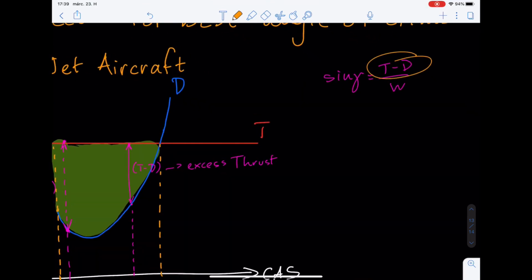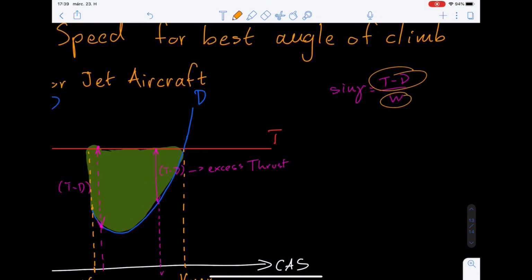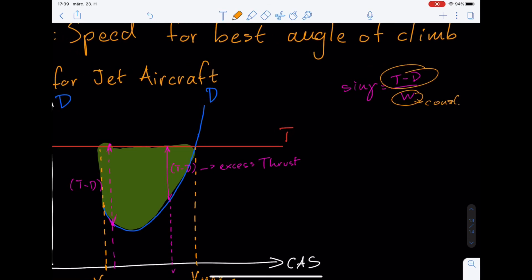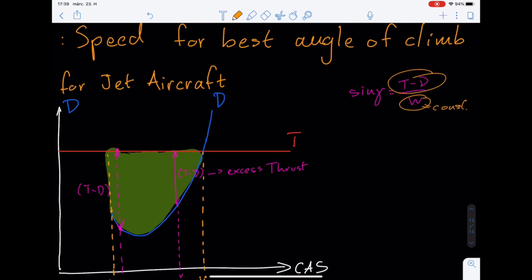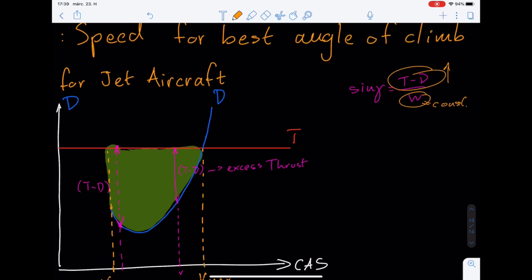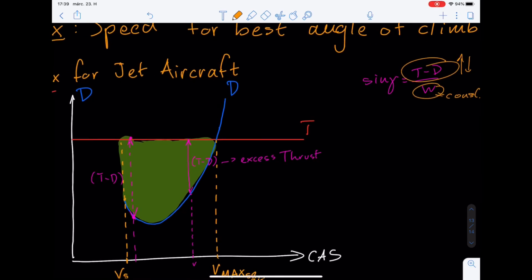So if the weight is constant, the excess thrust directly influences my flight path angle. If the excess thrust is larger, the flight path angle is larger, and if it is smaller, the flight path angle is smaller as well.